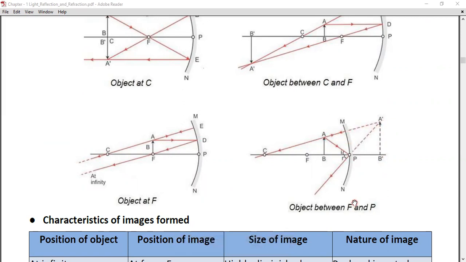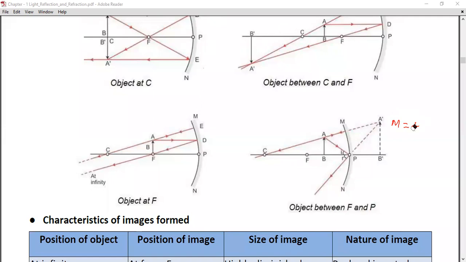Usually for a concave mirror, you will be getting a real and inverted image as long as the object is kept beyond the focal length. But when the object is kept between focal length and pole, you will be getting a virtual enlarged image, right? In the sixth case, students, you will see magnification comes out to be not +1, guys.